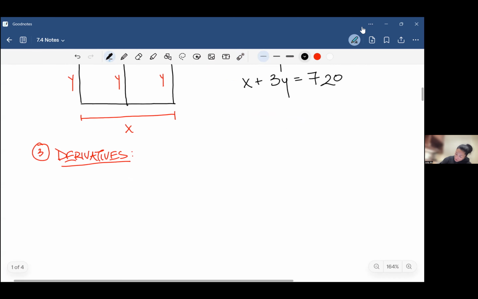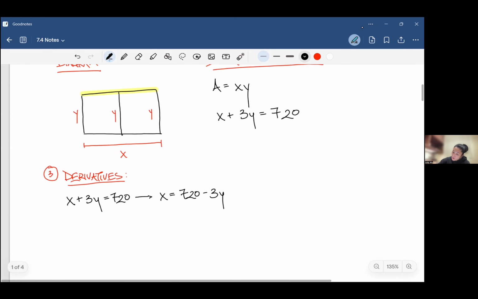So let's look at this equation for a moment. x plus 3y equals 720, okay? Now, x plus 3y equals 720 is the same thing as saying x equals 720 minus 3y, right? I can just subtract that 3y to the other side.